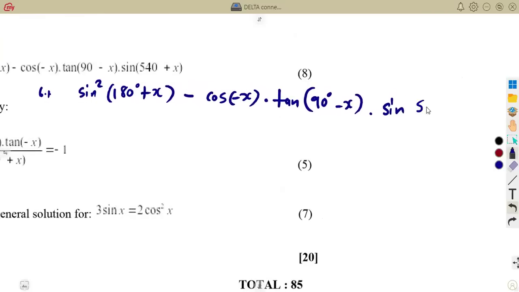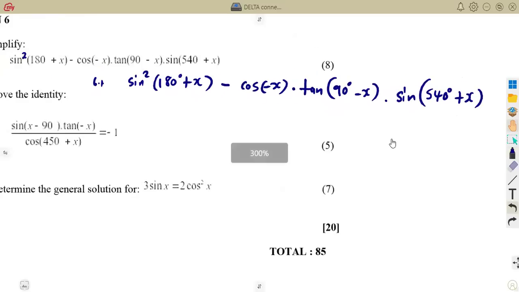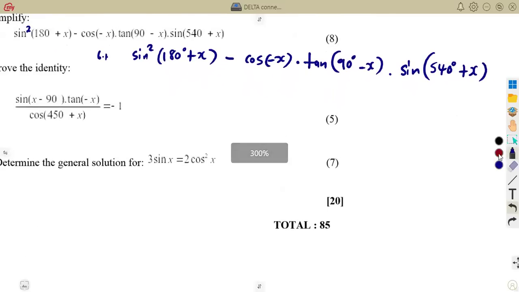This was our question. So just like the previous case, can we reduce whatever we can and apply our identities? Remember, sine squared simply means we are raising that to the exponent of 2.